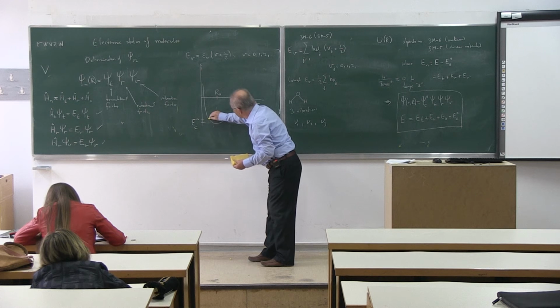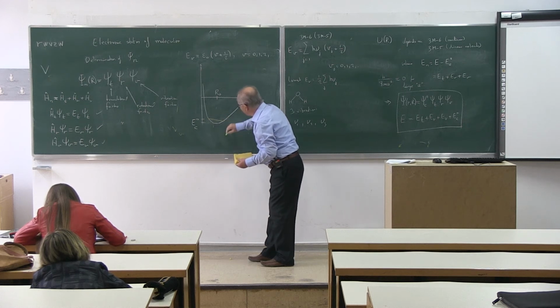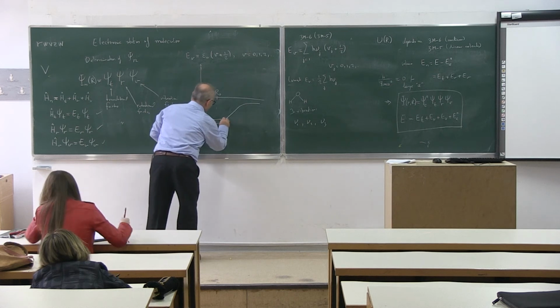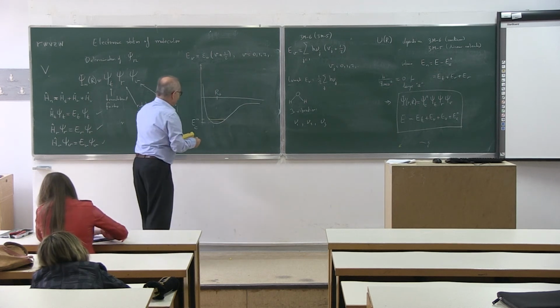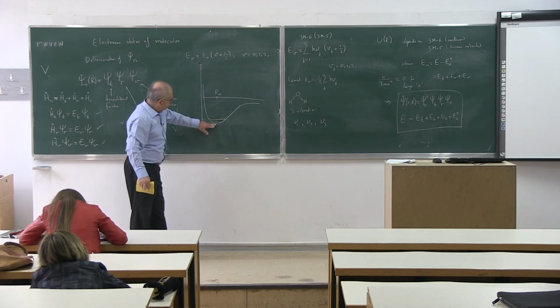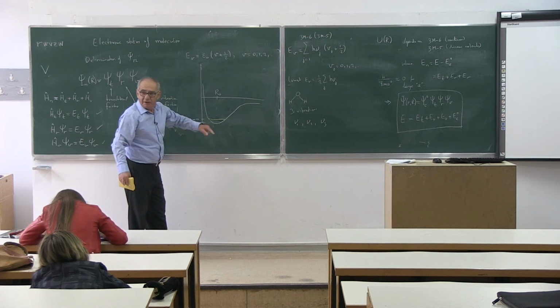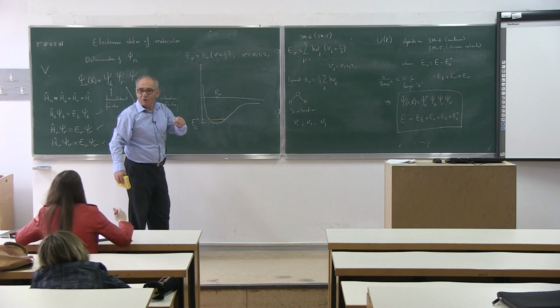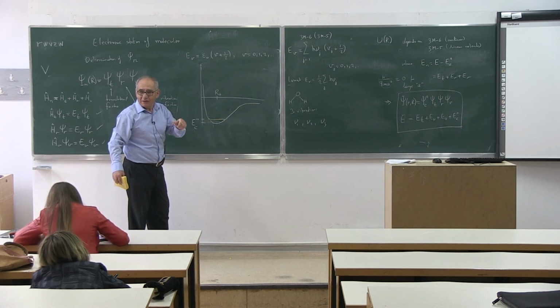So let us indicate it by a dash inside this curve. This energy, relative to the minimum of the electronic energy surface, is exactly what we called the 0-point vibration energy.